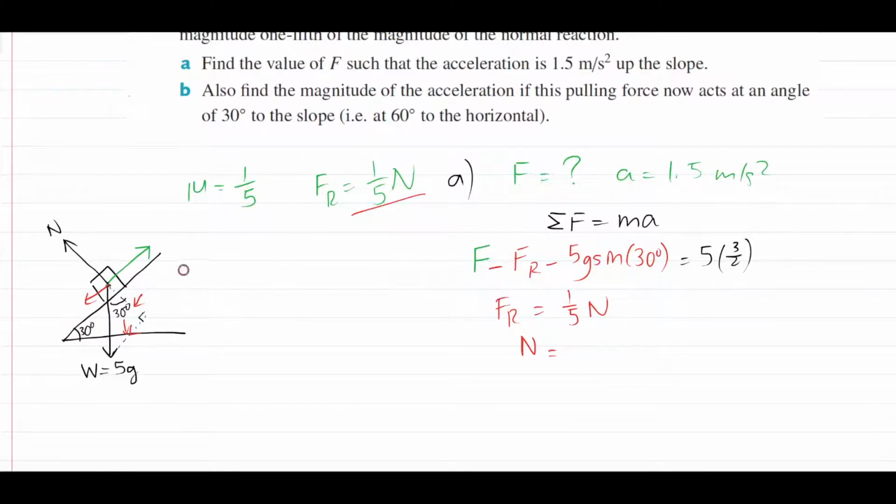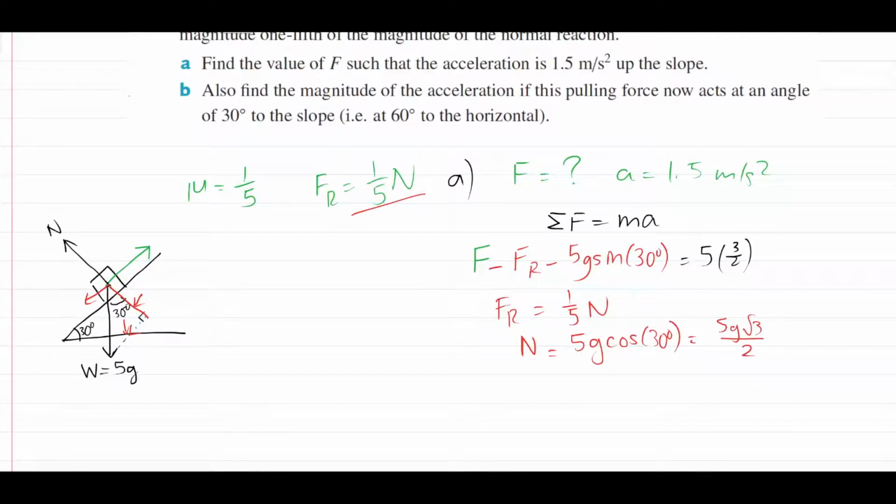So how do you find your normal force? Normal force should equal whatever force this is. To find that force, it's 5g times cos of 30 degrees, because it's adjacent. So N equals 5g times cos of 30 degrees. Cos of 30 should give you root 3 on 2, so it essentially is just 5g root 3 divided by 2.